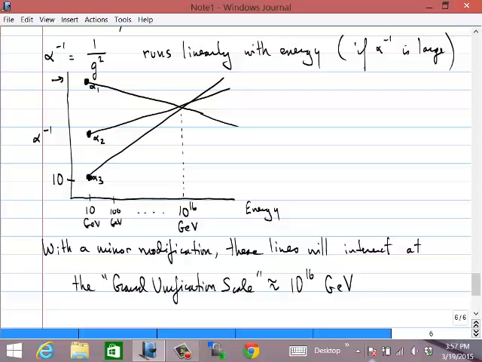Well, one of the things that you may have noticed about Yang-Mills theory is that it has one coupling constant, G. So if you have an SU2 Yang-Mills theory that has a coupling constant, G2, and an SU3 Yang-Mills theory that has a coupling constant, G3, those coupling constants are different. At low energies, we look at those coupling constants, they're different.